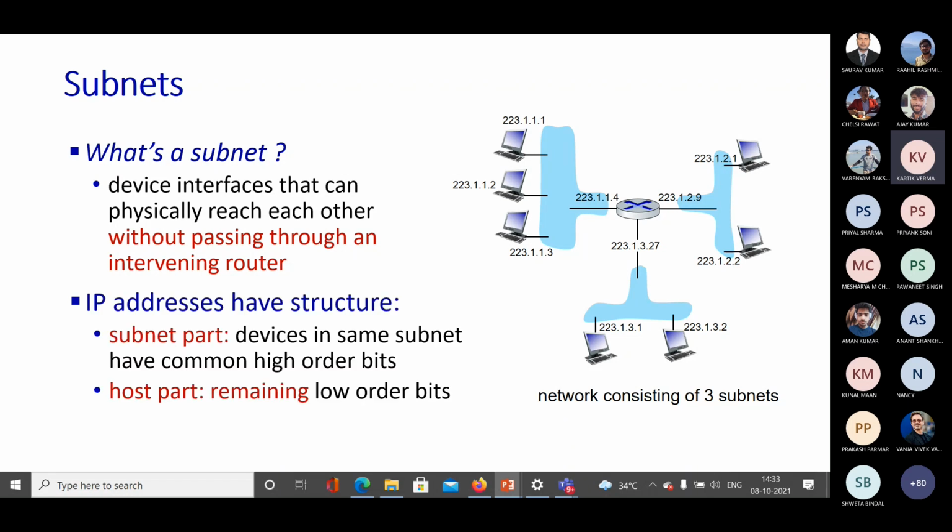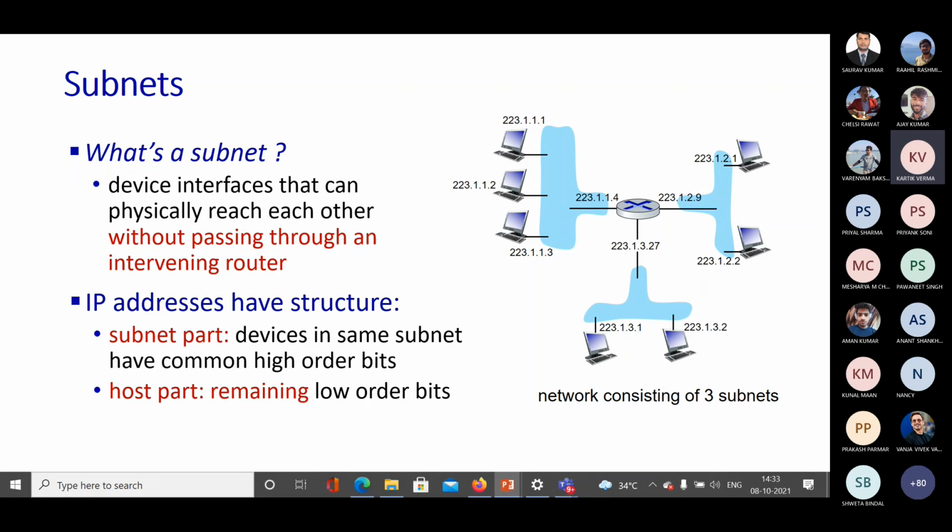So why do we need a subnet? We have a 32-bit IP address for every host, and we need this for address or identification. Now, your postal address also has different classifications.